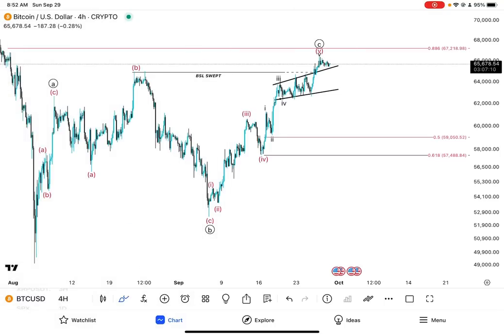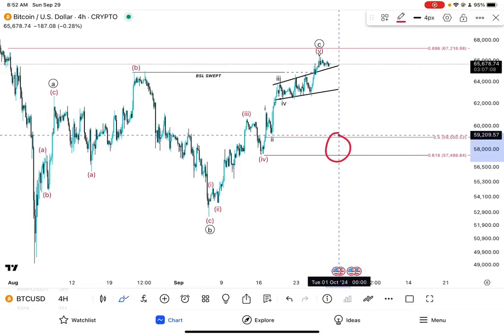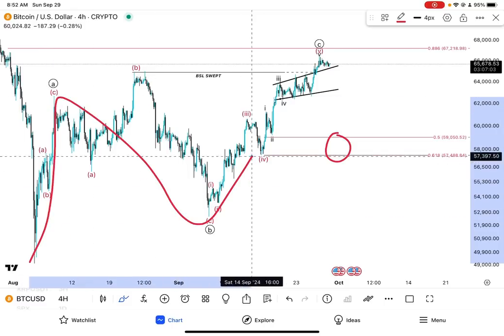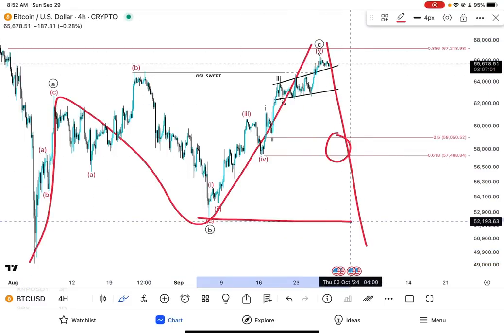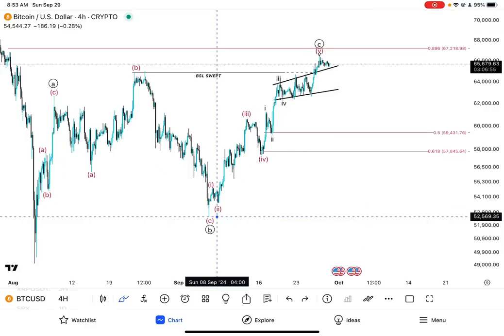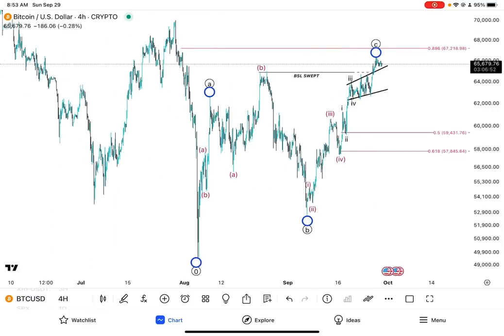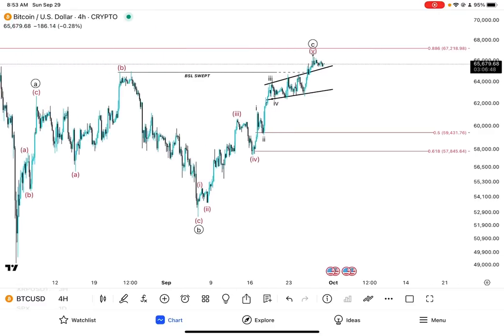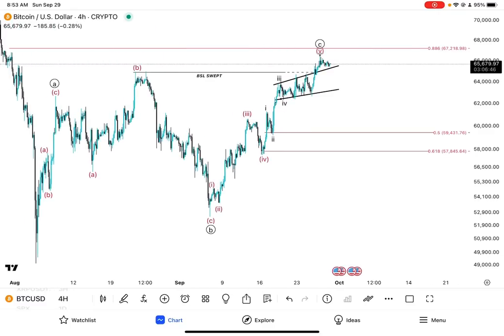As soon as you lose this region over here, then it likely means that this is your ABC, and we're going to come down to meet these lows here at 52,500.